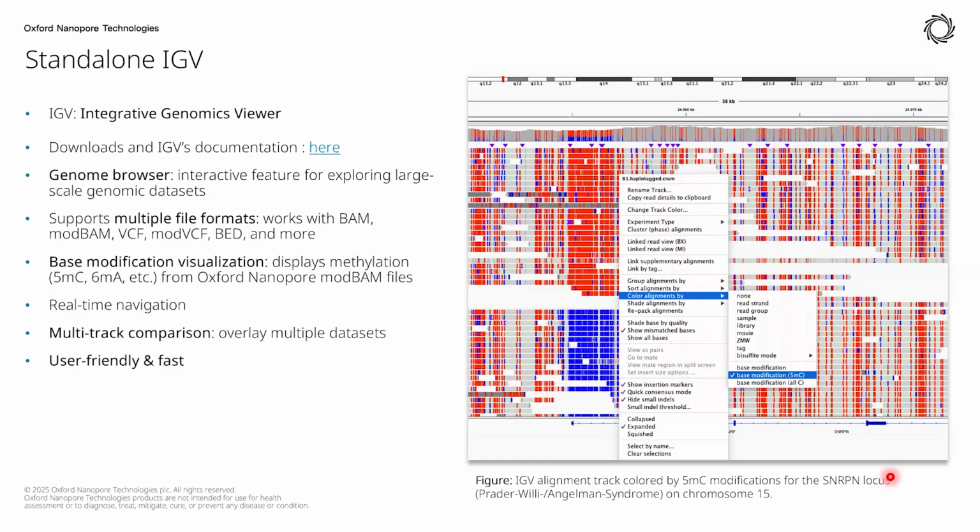And it's as simple as going into IGV, going to color alignments by, and then choosing the particular base modification that you want, whether you're looking at 5mC, 5hmC, 6mA, or really any of those modification calls.